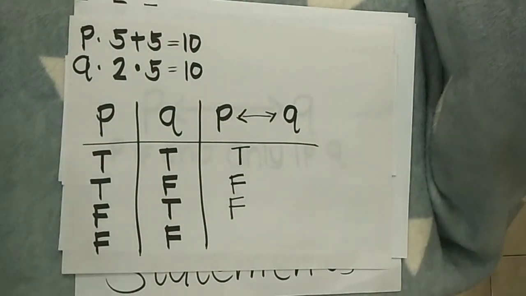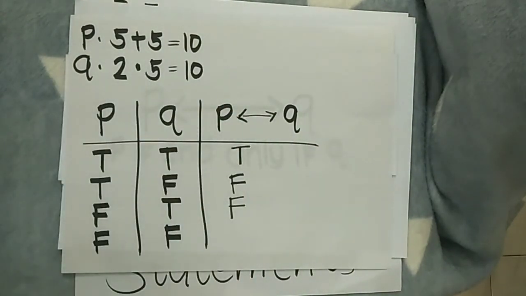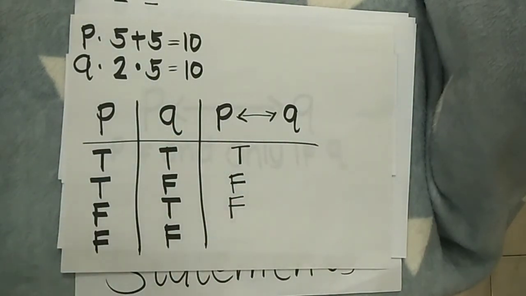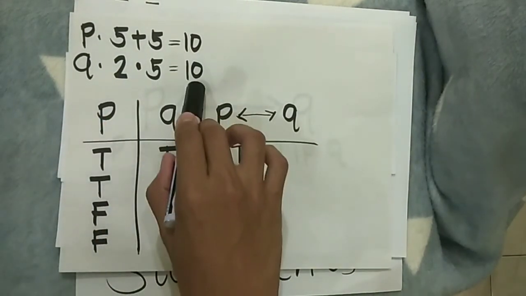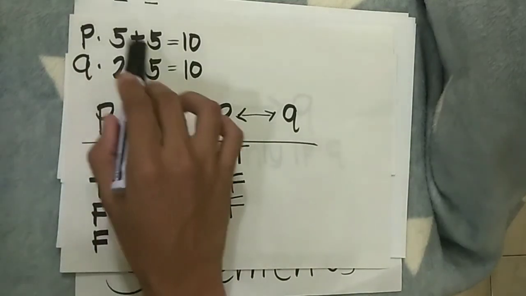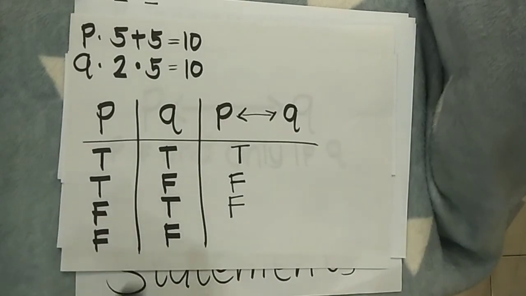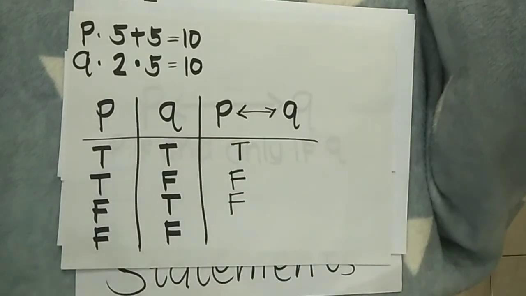So if either one of your P or Q is false, you're going to have a false. If they are both false, however, it's going to be true. If 5 plus 5 didn't equal 10, I'd have no reason to expect that 2 times 5 would equal 10. Thinking of it in the other direction, if 2 times 5 didn't equal 10, I'd have no reason to believe that 5 plus 5 would equal 10. So when they're both false, my biconditional, P if and only if Q, is going to be true.